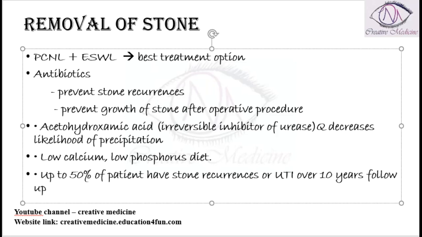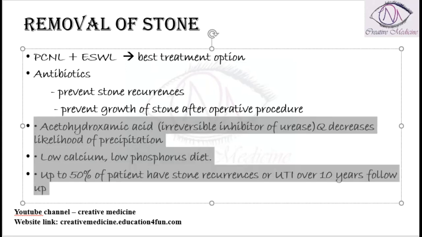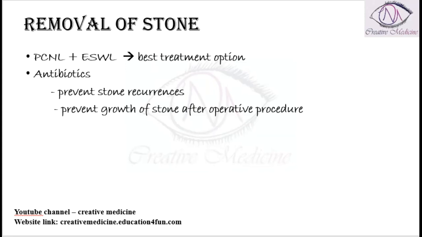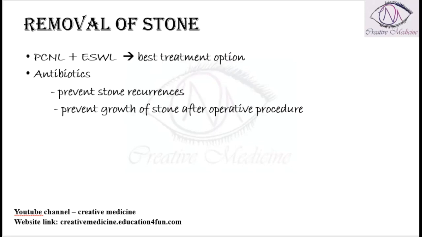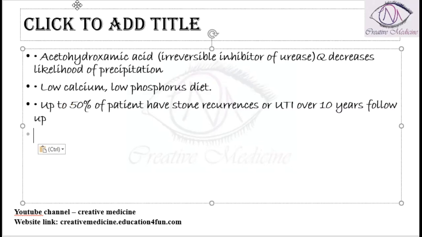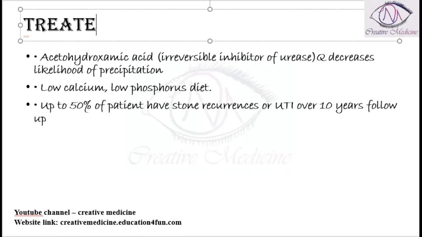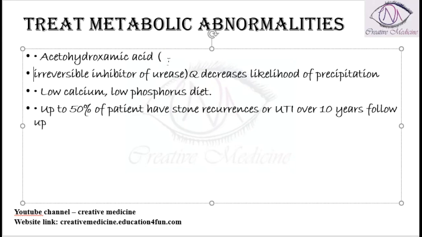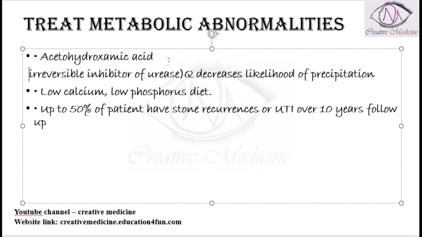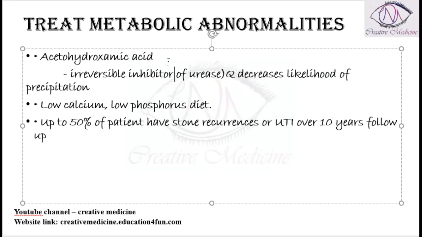Then we should treat the metabolic abnormalities. First we have removed the stone, second we should treat the metabolic abnormalities. In metabolic abnormalities, first acetohydroxamic acid is given. What is this acetohydroxamic acid? This is an irreversible inhibitor of urease.